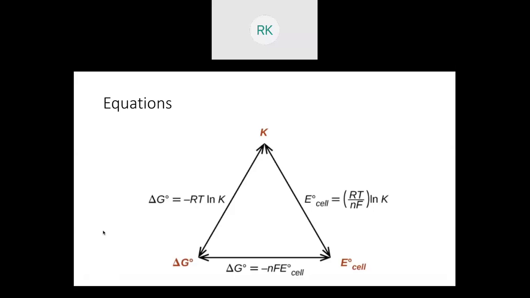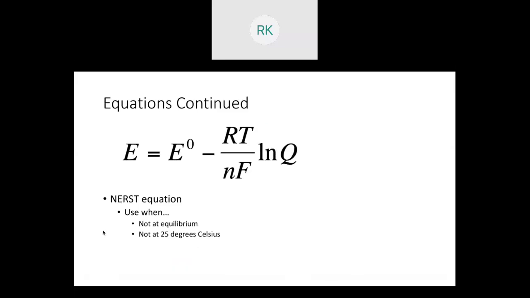Do not use the ideal gas law R. That would be the wrong R to use. The reason why is Faraday's constant, or F, is in terms of joules, and so our R value also needs to be in terms of the unit joules, which would be the 8.31 value. And again, N represents the number of moles of electrons transferred in the balanced chemical equation.